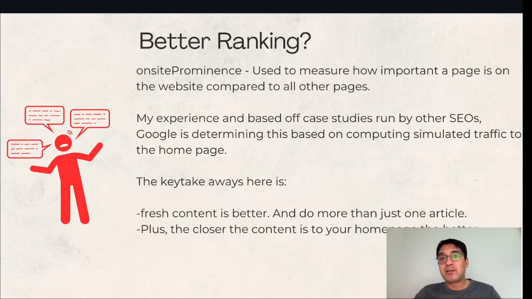Usually it's the homepage, but for e-commerce, it can also be the category pages. For service-based sites, it can also be the main service page. It depends on how you optimize your page and how large your website is. So the key takeaway here is to update articles that need to be updated. Plus, the closer the content is to your homepage, the better it is.